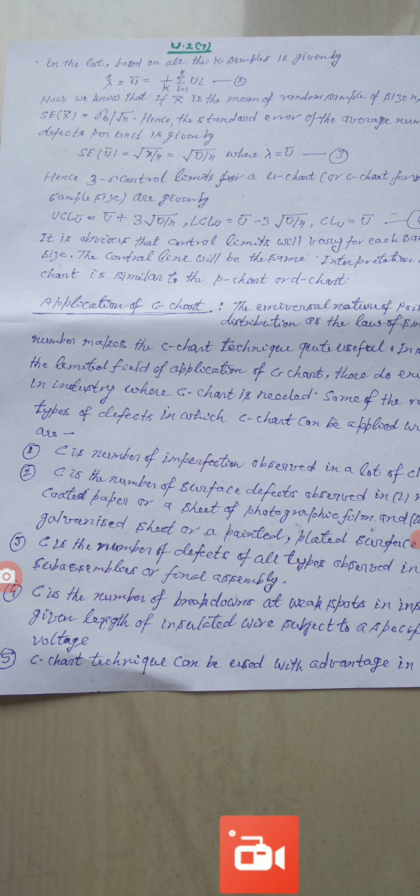C is the number of surface defects observed in a roll of coated paper or a sheet of photographic film, and a galvanized sheet or a painted or plated surface area.